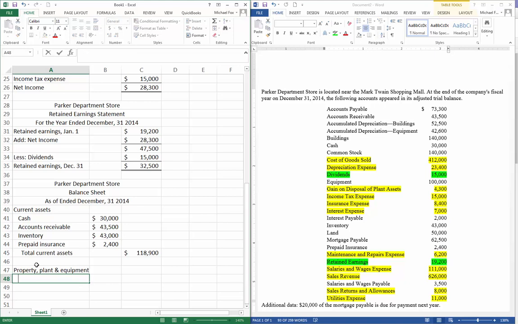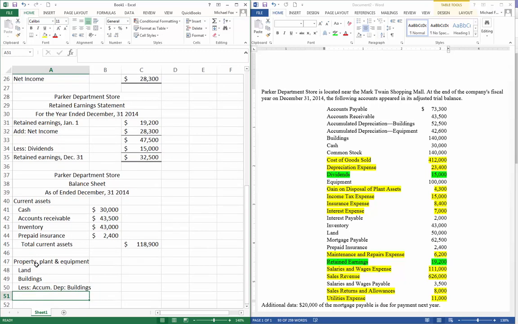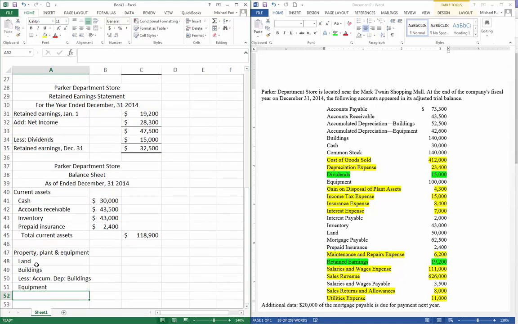Then we'll have property, plant, and equipment. That will include our land, our buildings. Of course, our buildings will be less accumulated depreciation. And our equipment less our accumulated depreciation on the equipment.